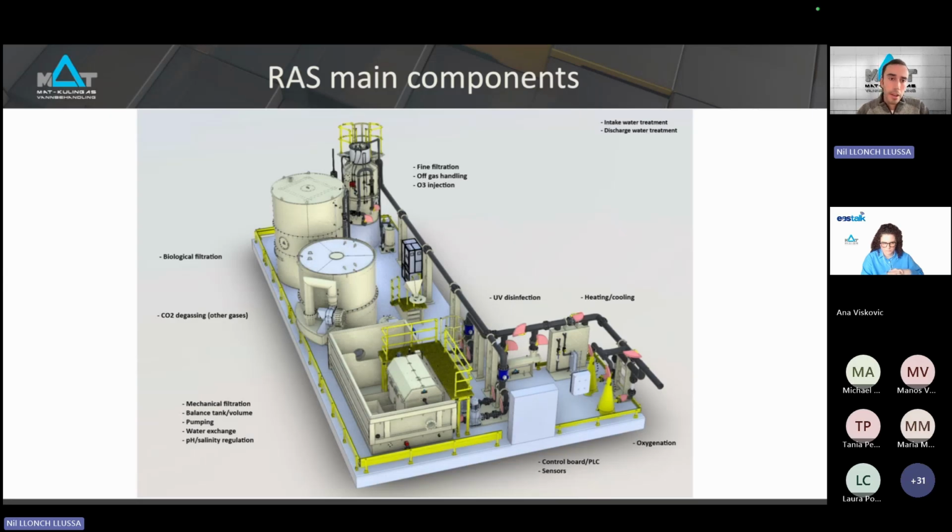It could be an MBBR, degassing, UV disinfection, temperature control through a heat exchanger, and oxygenation. All that is controlled by different types of sensors and automatization. And in addition to that, you add your sensors for water quality control. This can be centralized in a control board and automatized through a PLC.